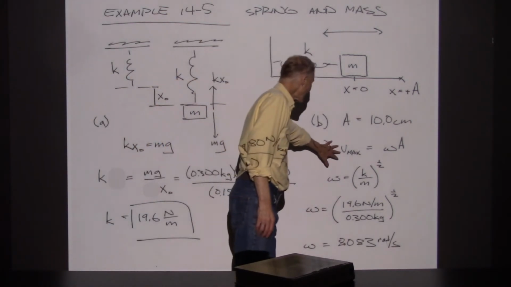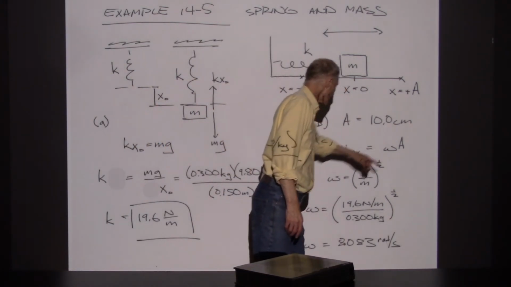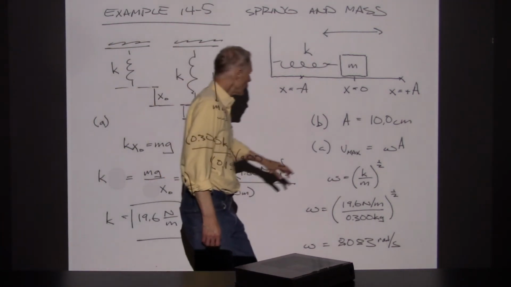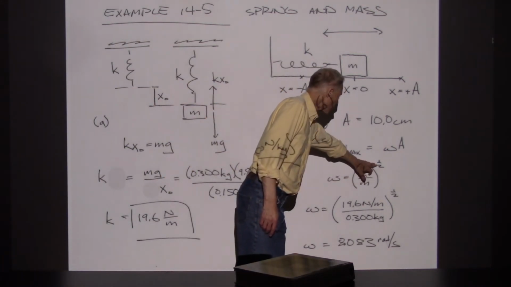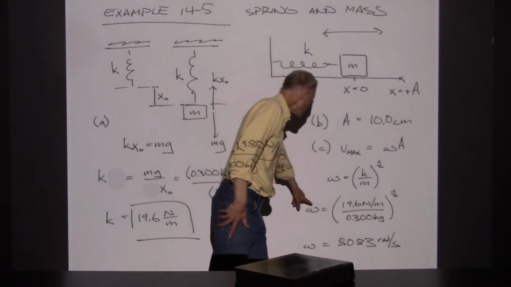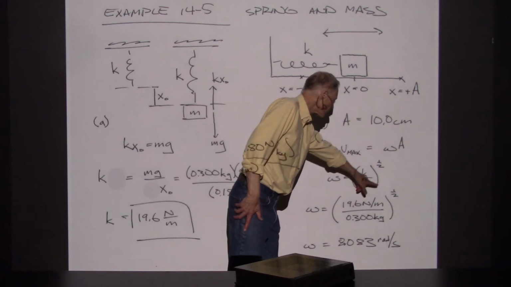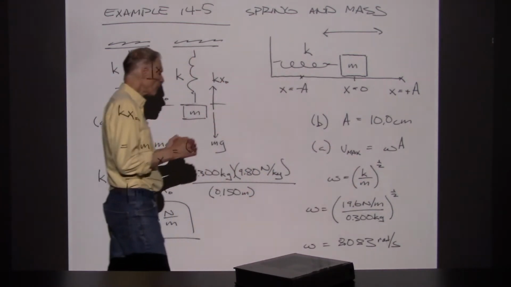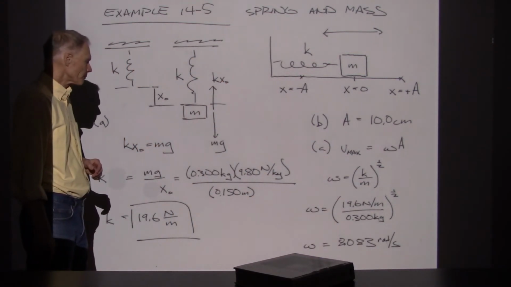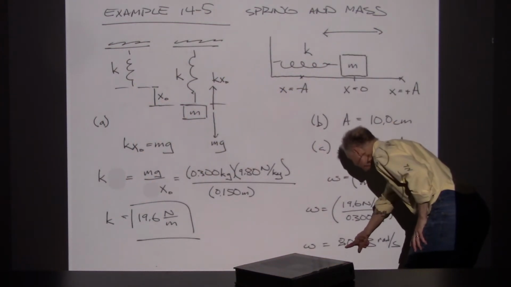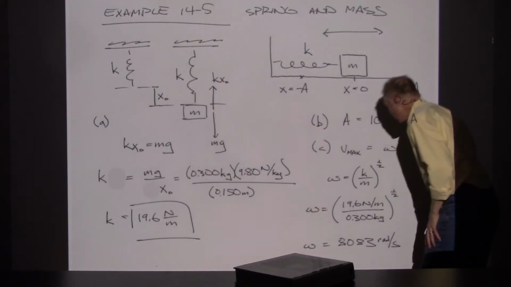Now the Vmax is omega times A, and we can calculate the omega as the square root of K over m. So the omega, 19.6 newtons per meter, divided by 0.30 kilograms, square root, the omega is, now that's a little hard to see, there is a decimal, 8.083.